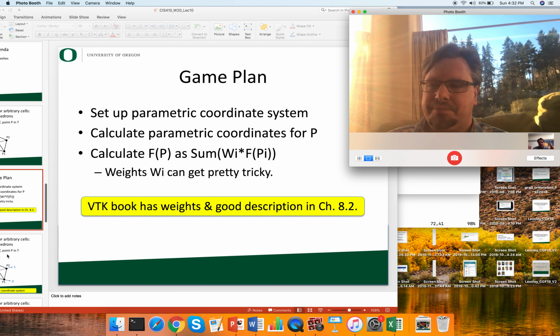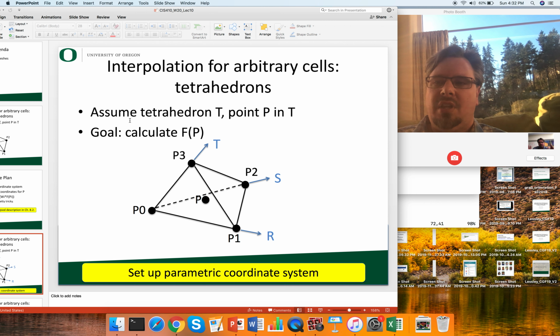Let's find out. The first is setting up a parametric coordinate system. For our 4 vertices, P0, P1, P2, P3, we'll pick one to be the reference point, and in this slide that's P0.